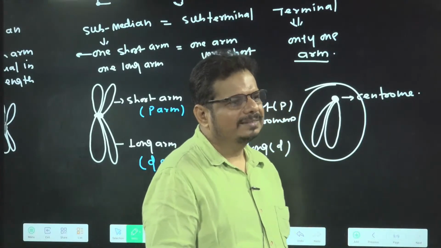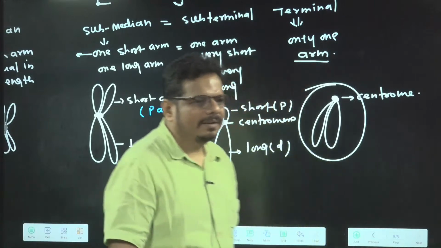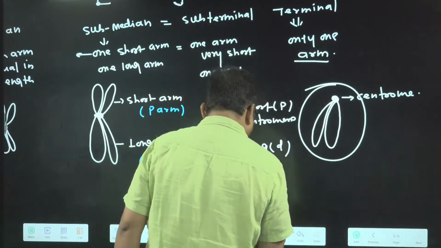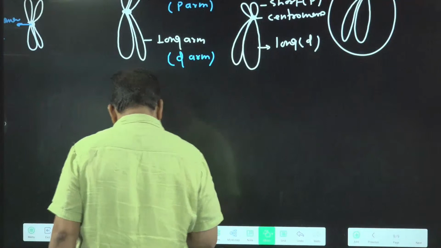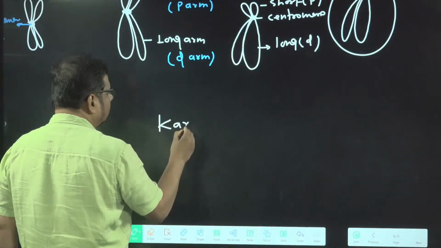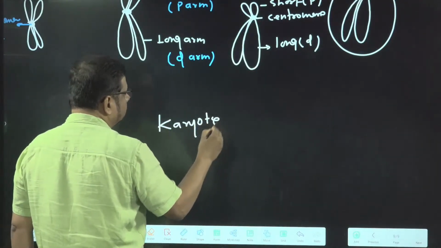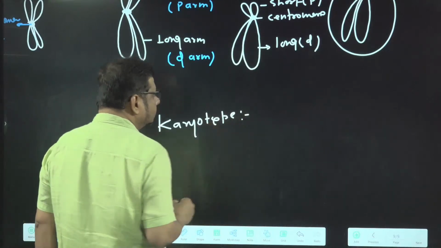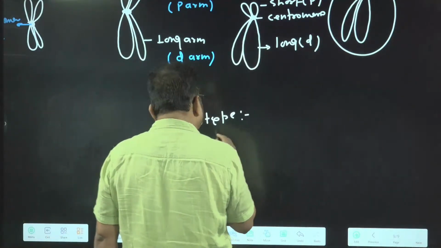Position of what? Centromere. Now we are going to talk about two more terminologies. One is karyotype. So karyotyping is what basically?